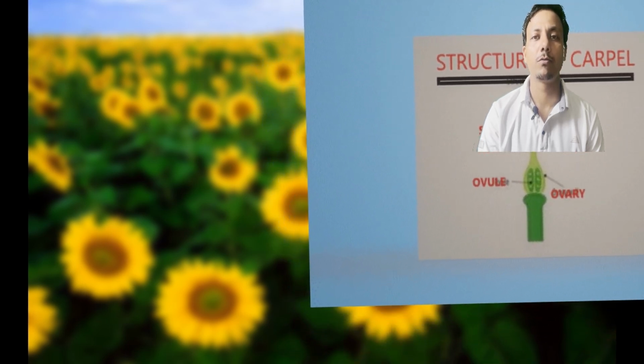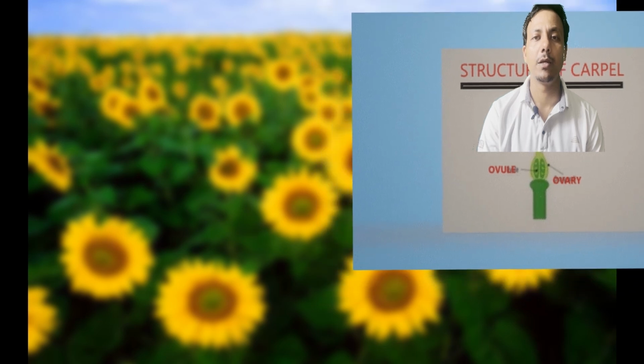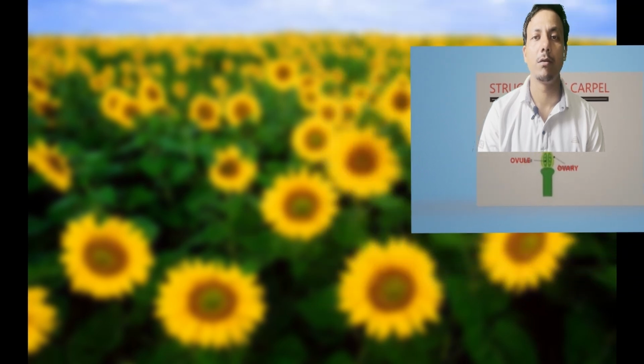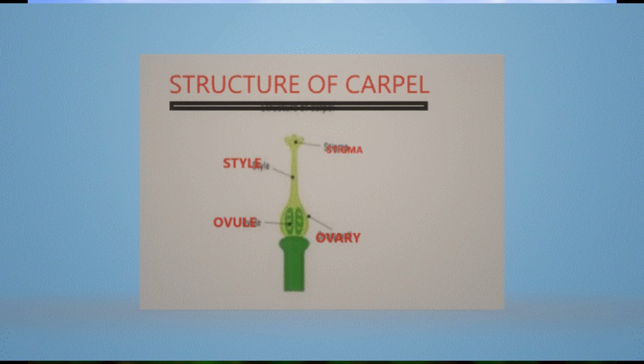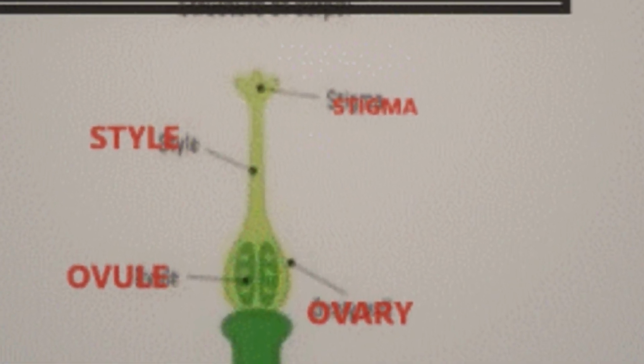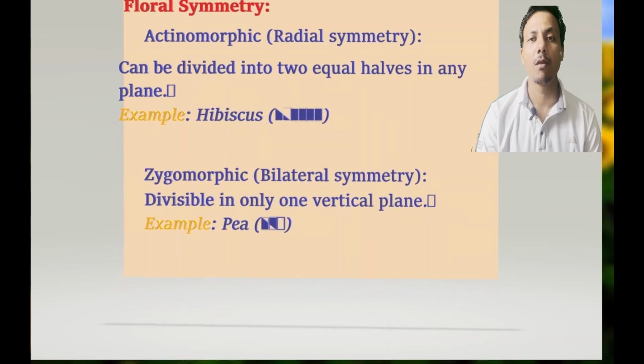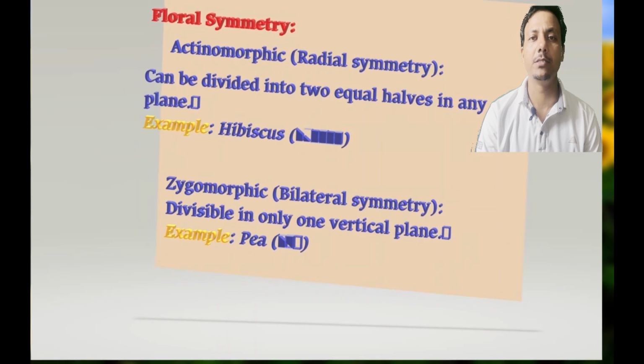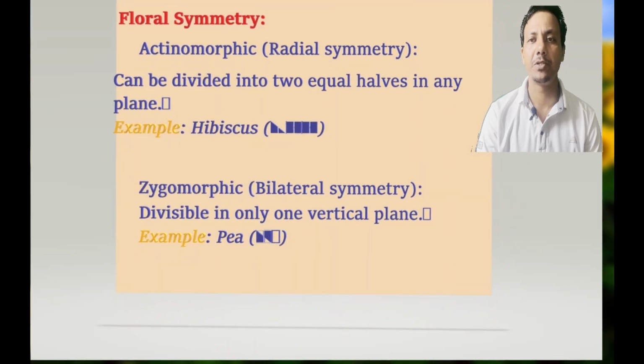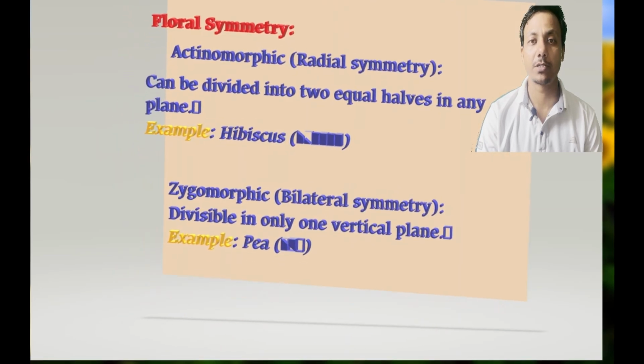Function of it is the site of fertilization and seed development. For example, tomato, kamal, the lotus, having different seeds.